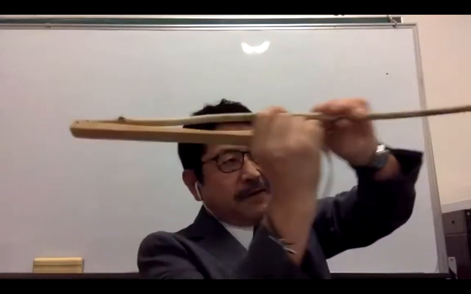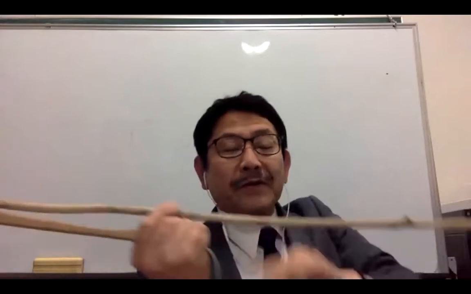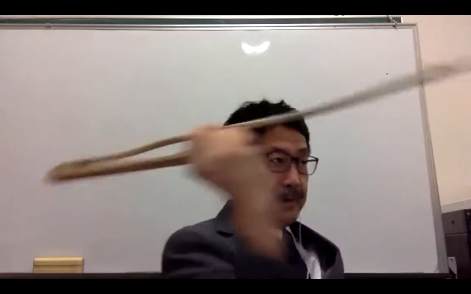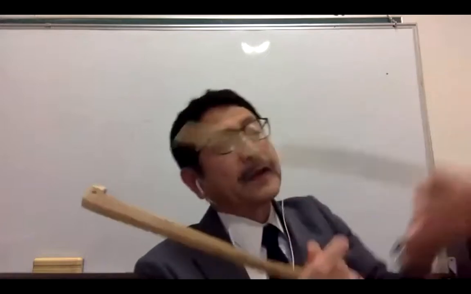So eventually the spear flies farther. You can gain more distance, and if you get used to it, you can gain more accuracy too. You can aim with this. You can control the course of the spear.